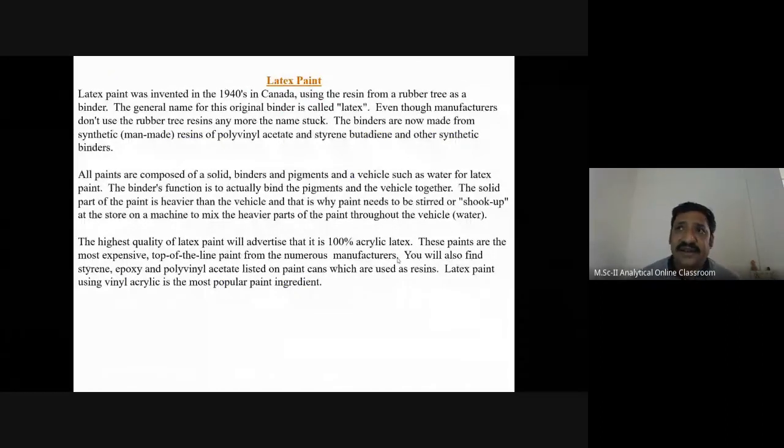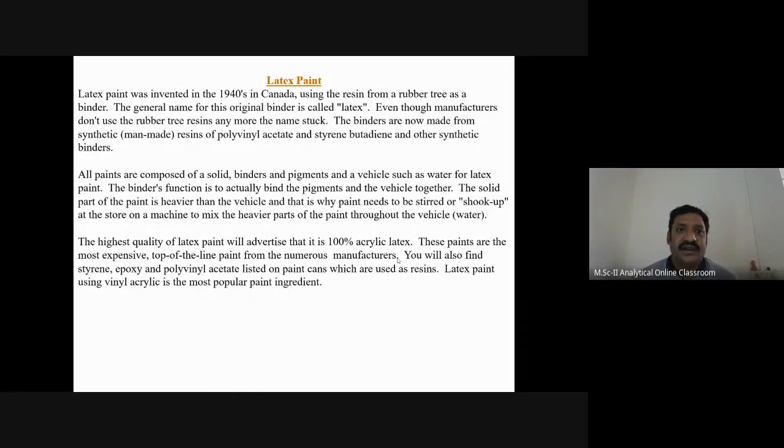What is meant by latex paints? Latex paint was invented in the 1940s in Canada using the resin from a rubber tree as a binder. All of you know the rubber tree, and whatever resin is obtained from the rubber tree was used as a latex paint. It was invented in the 1940s in Canada. The general name for this original binder is latex.